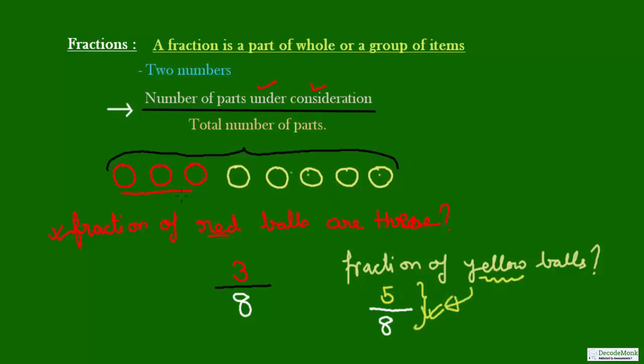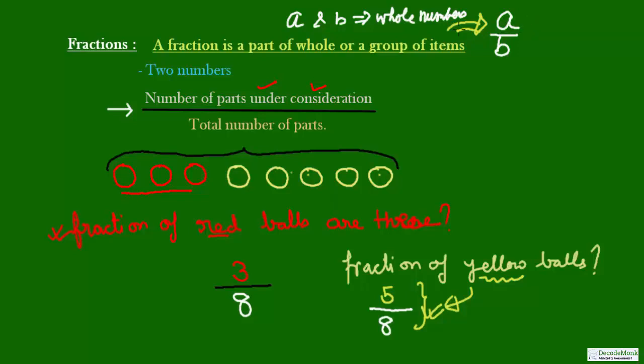I hope you have understood what we mean by fraction by now. So we can say that a fraction is a number which can be written as a upon b, or a by b, where a and b are whole numbers.